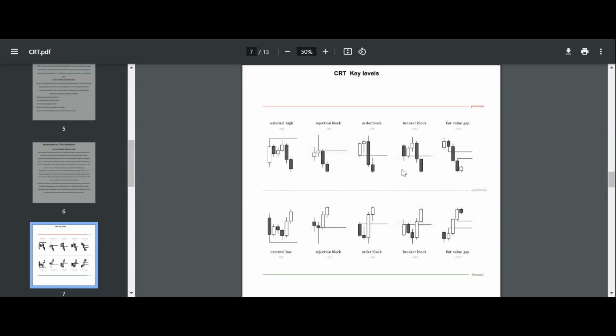These five things are what your eye should be drawn to coming on the chart. If you are bullish, then you want to be looking for this set of things in the discounted side of the market.